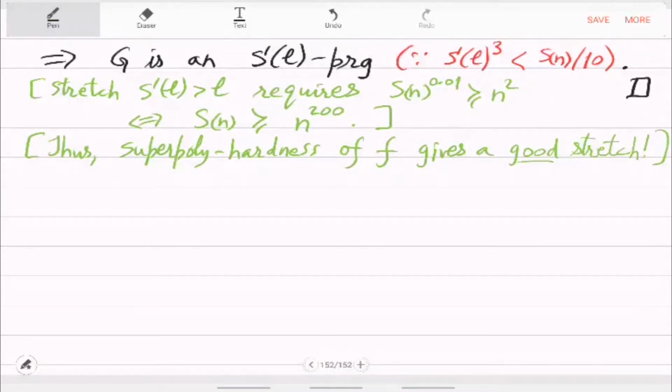Okay, so we have proved this very important theorem that sufficiently high average case hardness gives you a PRG. Okay, and it will be a good stretch if you are working with a super poly hard Boolean function. So, we can say that hardness implies PRG.